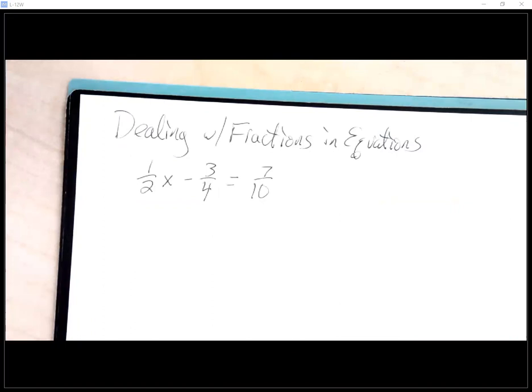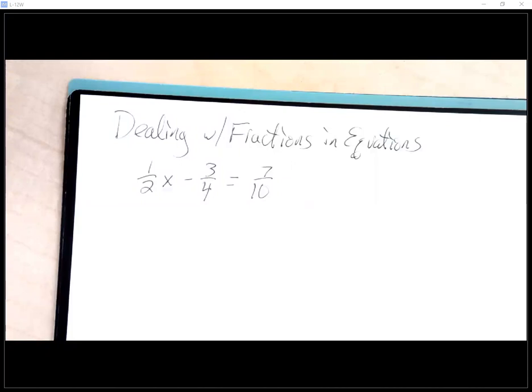Where to begin? Where to begin? I'll tell you one thing. There's an easy way and a hard way to tackle this. Everybody know the easy way? Yes. Yes.